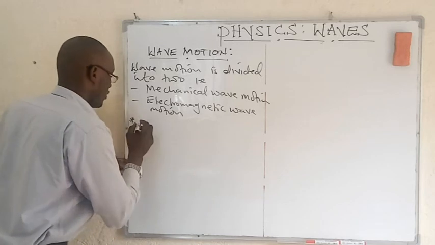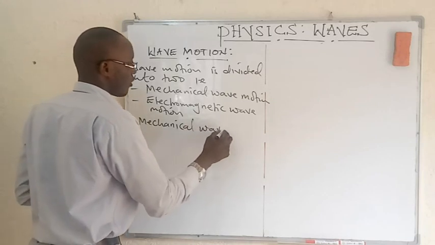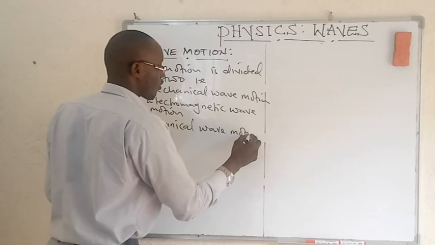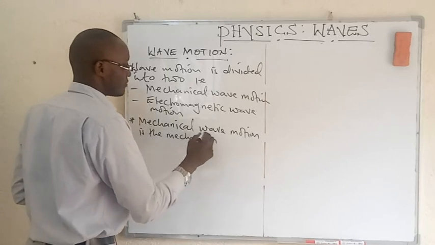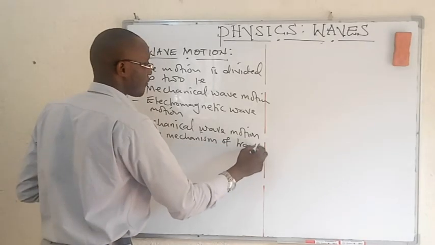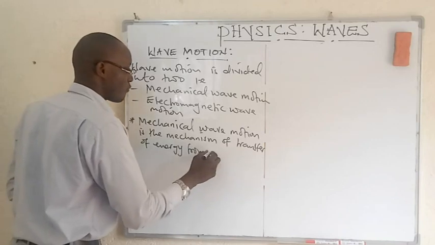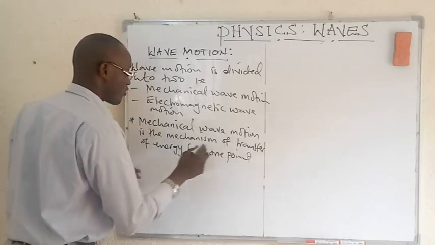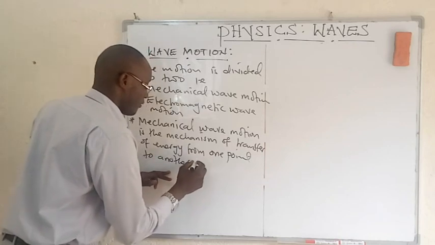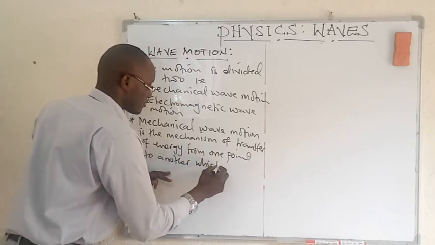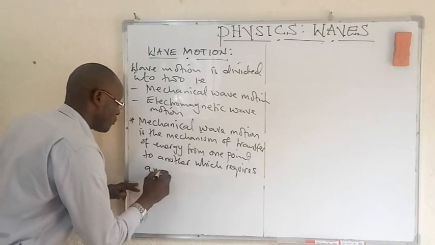So we can say that mechanical wave motion is the mechanism of transfer of energy by a wave from one point to another in a given medium, which requires a material medium.